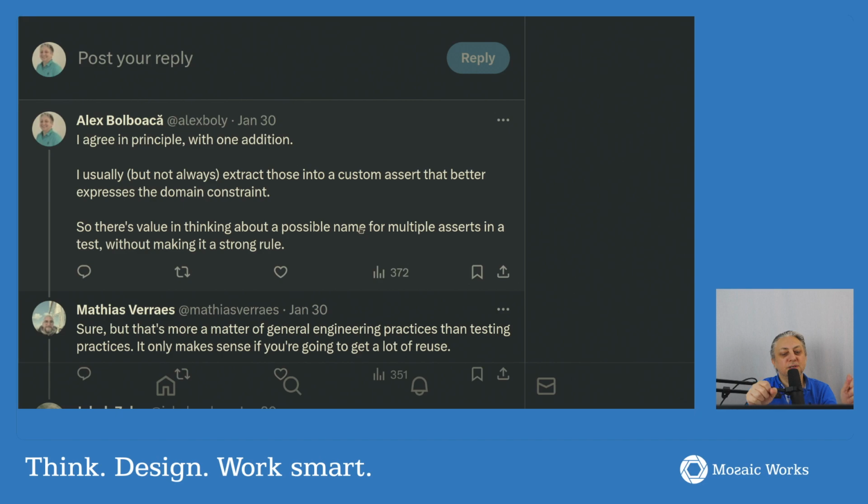You can use custom asserts, you can separate tests, you can use data-driven tests, which basically means that if you have duplication between multiple tests, but the only change is the data in and data out, you can extract the skeleton of the test and use a data-driven test to go a number of times with different inputs and expecting different outputs through the same test.